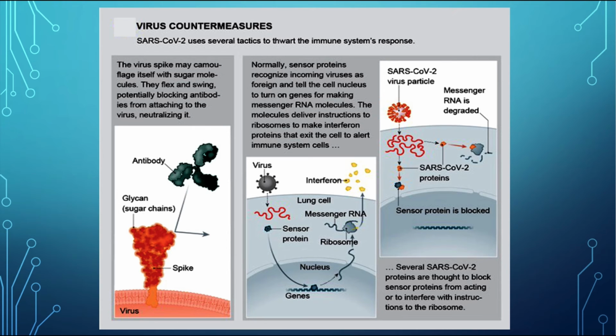In the middle panel, we see how a cell using sensor protein molecules recognizes the presence of a foreign invader and signals the cell's genome to make interferon proteins. A proposed viral countermeasure is depicted in the far right panel. Here, the sensor protein is inactivated by a viral protein, blocking the synthesis of cellular interferon, resulting in the inability to recruit more cellular defense mechanisms.